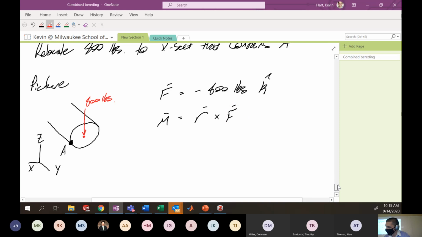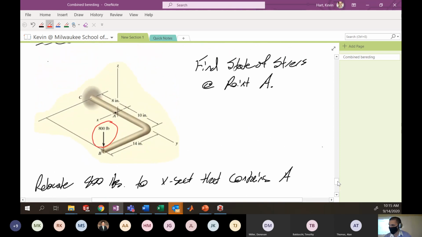But now the r is where we kind of have to take a step back. Right? So if I'm doing r cross f, I want to draw a vector from where I am, this cross-section I've cut, to where that force existed previously. So the r of interest here is this general vector r. And this is the vector that I'm going to use to relocate the equivalent moment to that cross-section of interest.